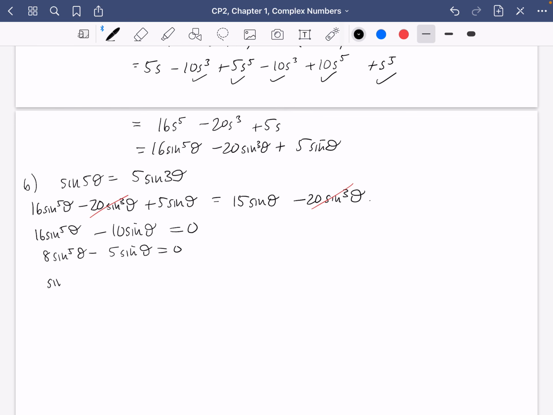I can then factorize by sine theta. So that is going to be 8 sine to the power of 4 theta minus 5, which tells me that either sine theta is equal to 0 or sine to the power of 4 theta is equal to 5 over 8. There's a lot of solutions for this one.